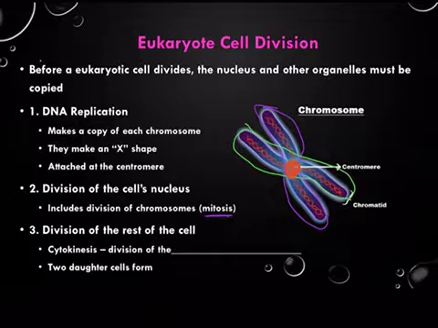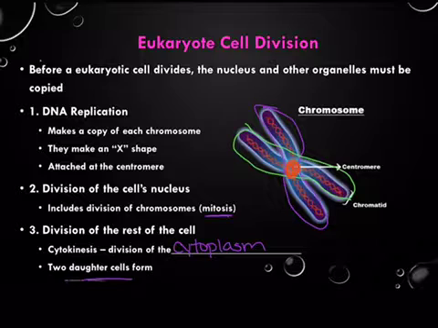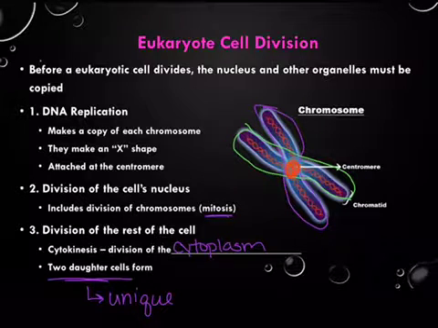That cytokinesis, remember, means the division of the cytoplasm. When we are done, we have two daughter cells, and they are unique. They are not the same. So remember, with prokaryotes, we had identical daughter cells. But with eukaryote cell division, we end up with two unique cells.